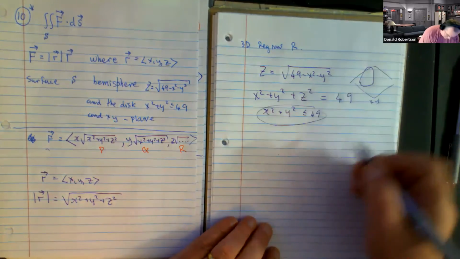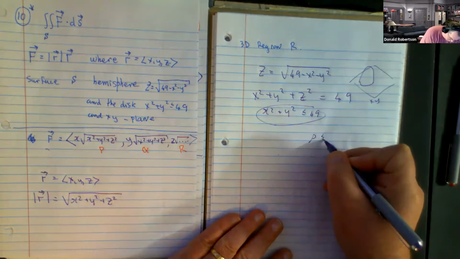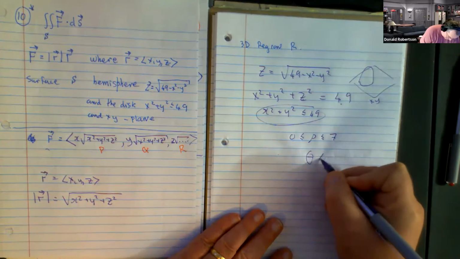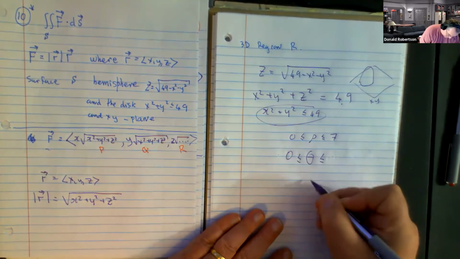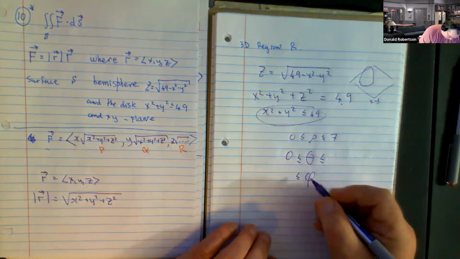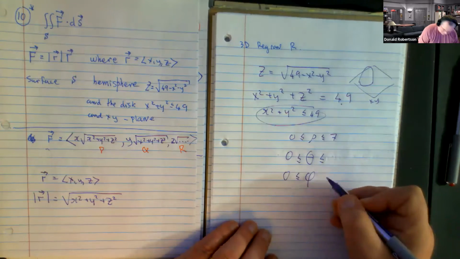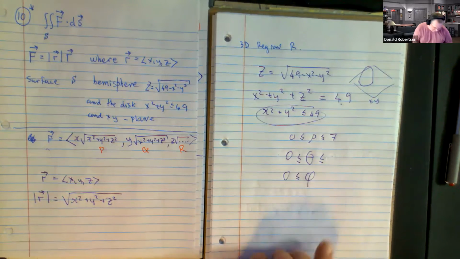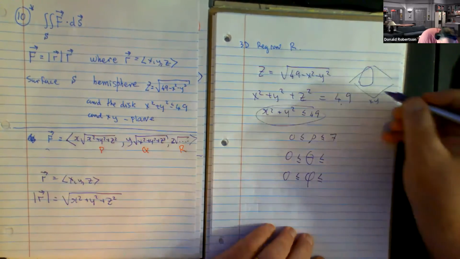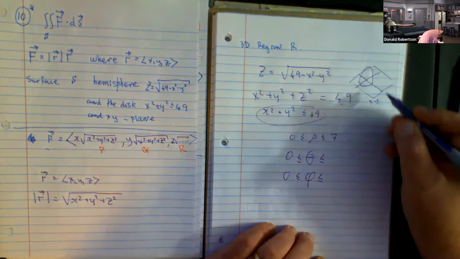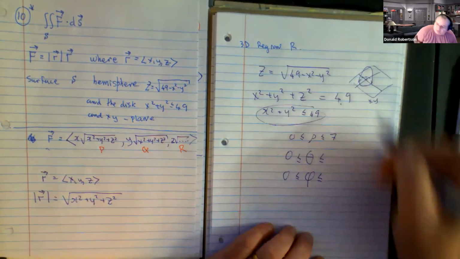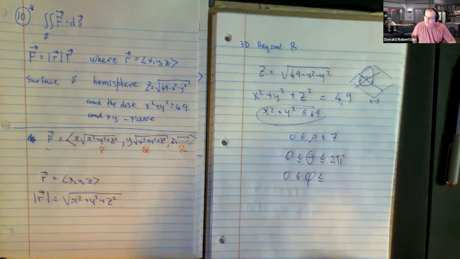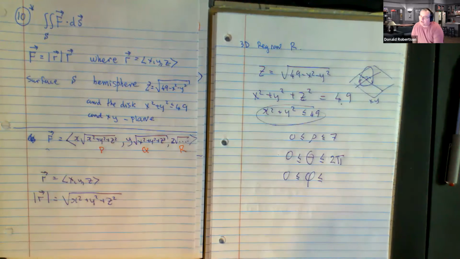So for half a sphere, rho goes from 0 to 7. Theta goes from 0 to somebody, and phi goes from 0 to somebody. So all I need to do is figure out what goes here and what goes here, and we're good. Now, if I put in my very bad x and y axes, can you see the circle they're talking about? Now, because it's a circle, are you happy with the 2 pi? You rotate the whole angle's worth, right, on the xy plane.